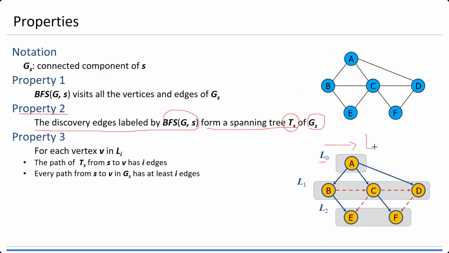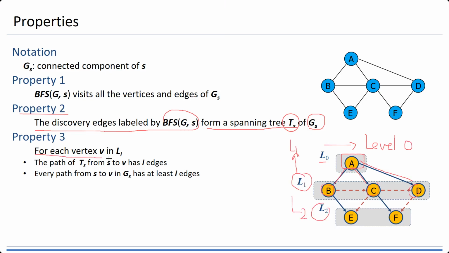Let's say this is L0 or level 0. Then it has only one vertex. Every connected component from this vertex will be level 1 or L1. Every connected component after this level will be level 2 or L2.